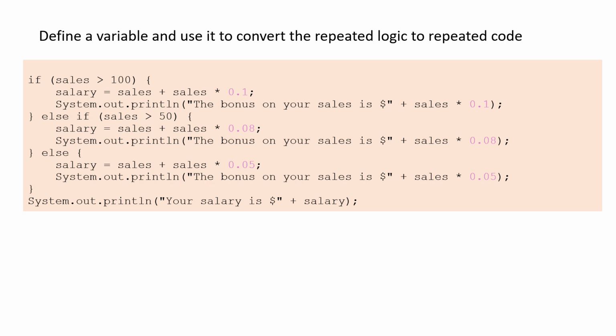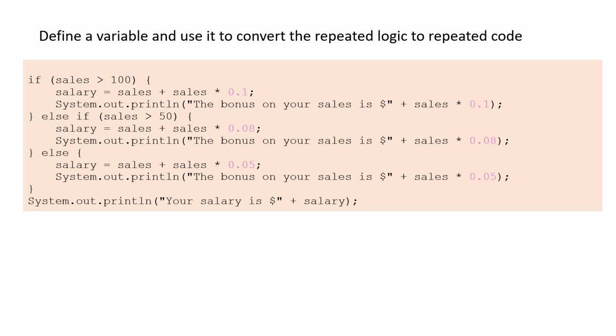We add the amount of sales to some percentage of the sale. However, this percentage is different across the branches. Similarly, for calculating and printing the amount of bonus, we see that we multiply some percentage by the amount of sales. So the logic is the same, however, the percentage is different across the branches.